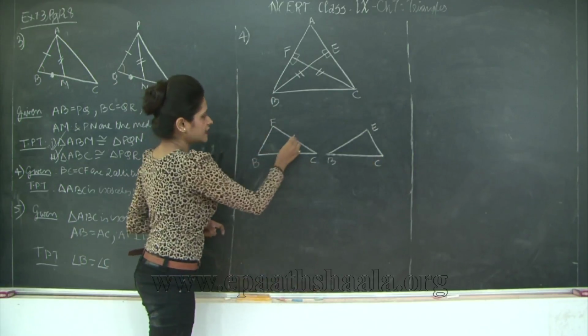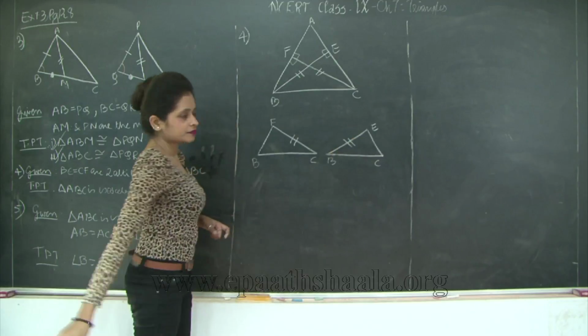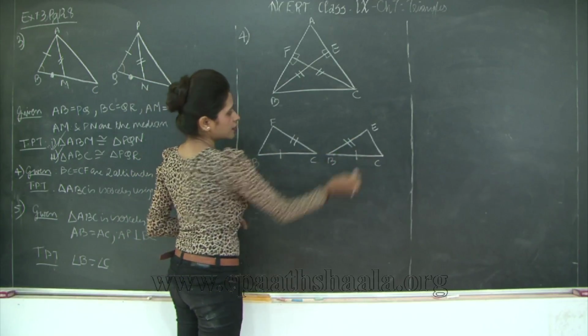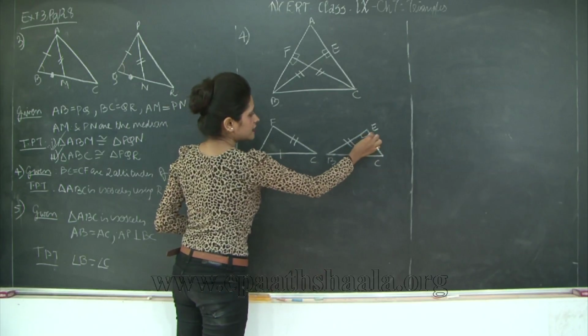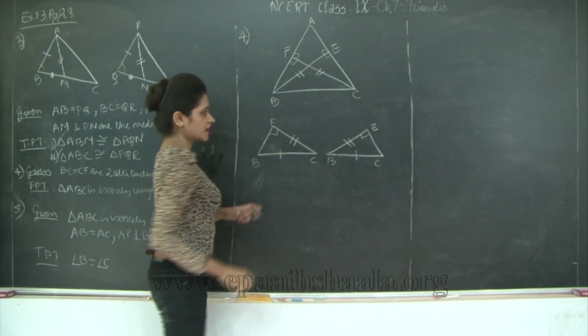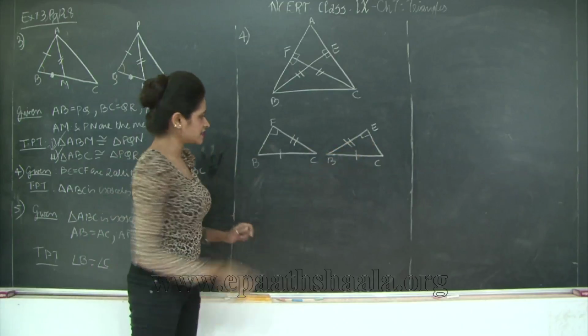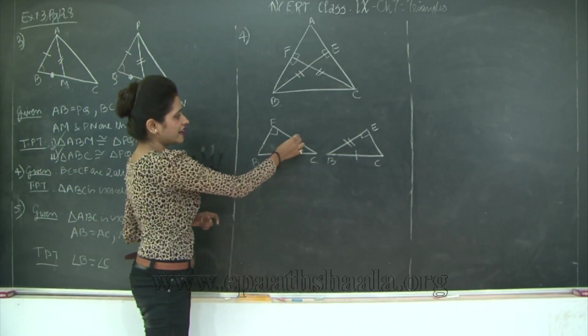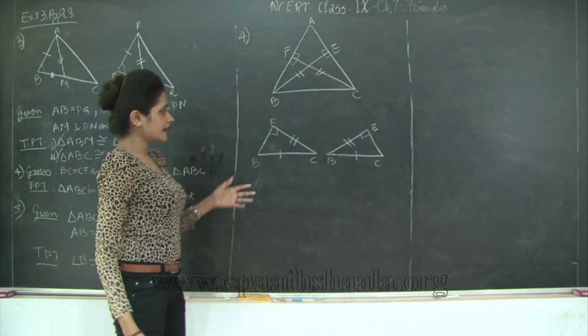I've been given that these two sides are equal. Also, this is the common base, right? This is the right angle. Now, since these are the right angles, this is my hypotenuse and this is my hypotenuse, and I have one side equal. Correct? So, what can I say?